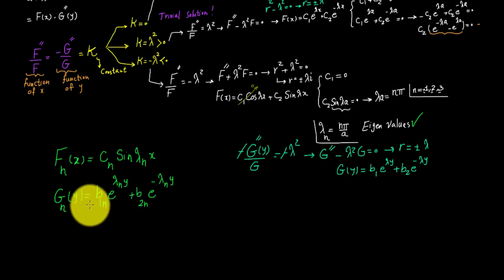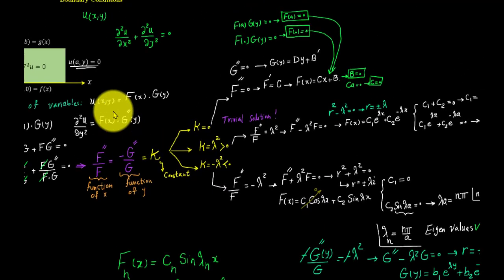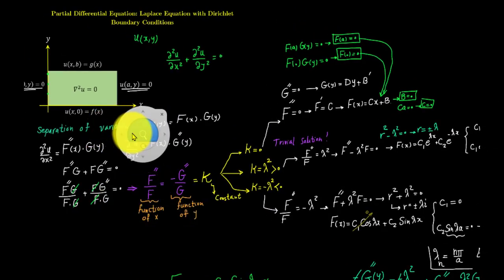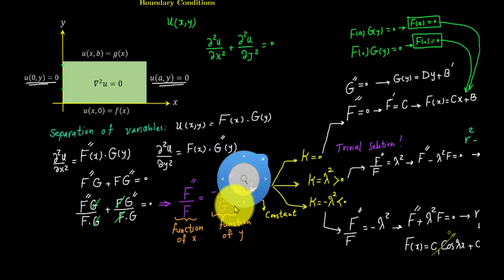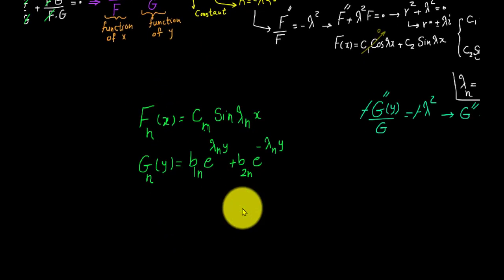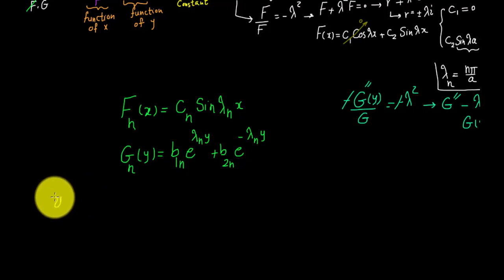But before we solve for those coefficients, let's just go back and have a quick reminder of what the u was in the first place. The u is the unknown function that we wish to find, and u is a product of f and g. So it means that u of x and y is the product of this f and g, but we have more than one f and g.